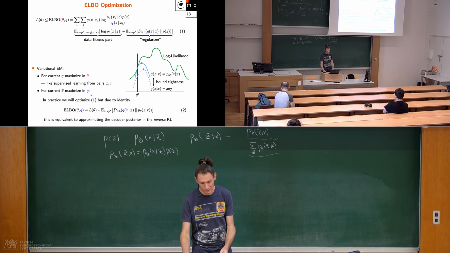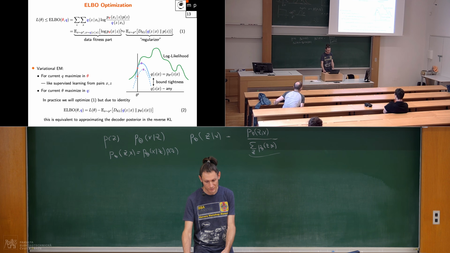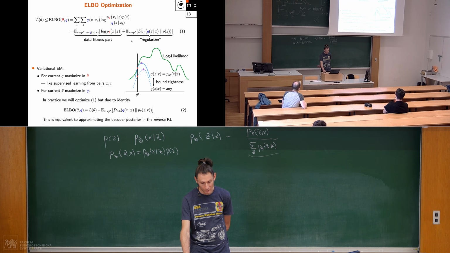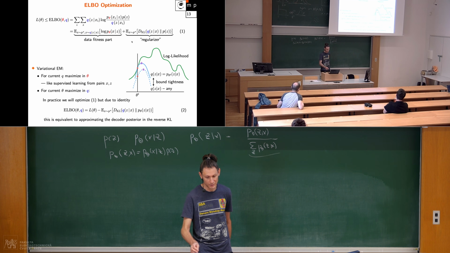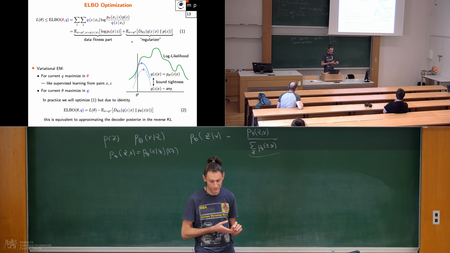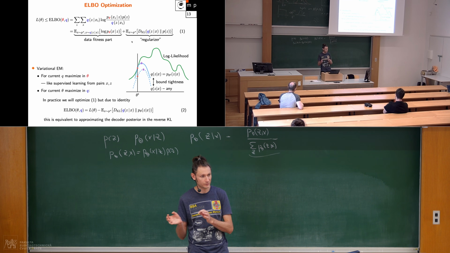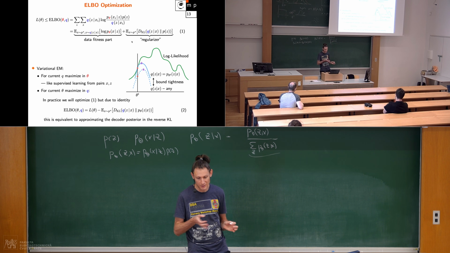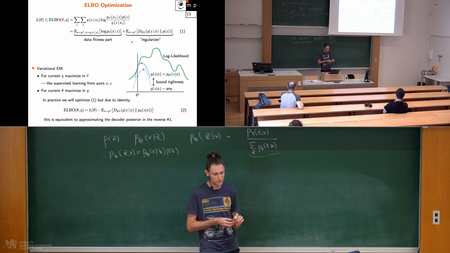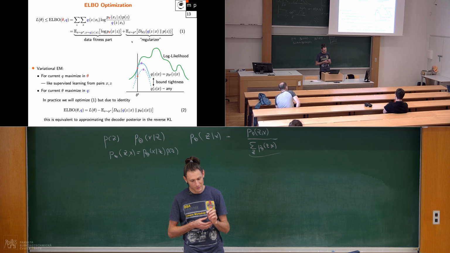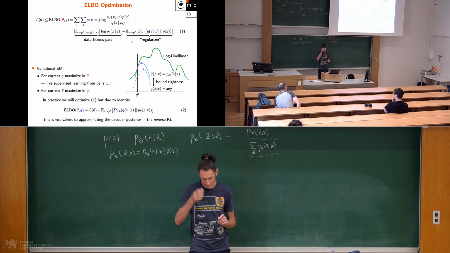And refitting the encoder means maximizing this lower bound with respect to the encoder. And in the EM, you would straight away replace it, so you would say, okay, the encoder must be the true posterior, and you just compute the true posterior. But here we cannot compute the true posterior, so we should somehow try to fit this true posterior.